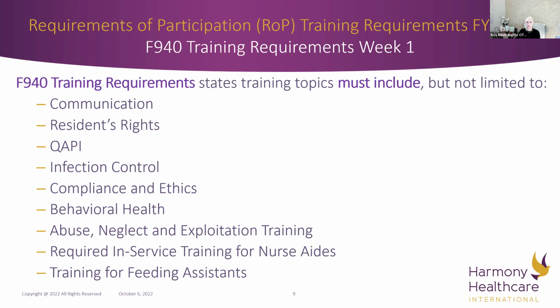In the context of non-training requirements, the detail that the ROP gets into is, how did you figure out what metric you were using for QAPI? What calculation are you using for rehospitalizations? Meaning every year they're getting better and better because they're expecting that you're becoming more refined with the implementation of their expectations.